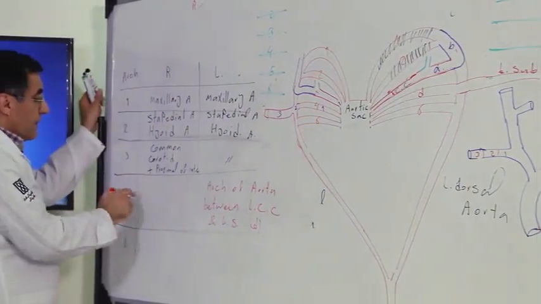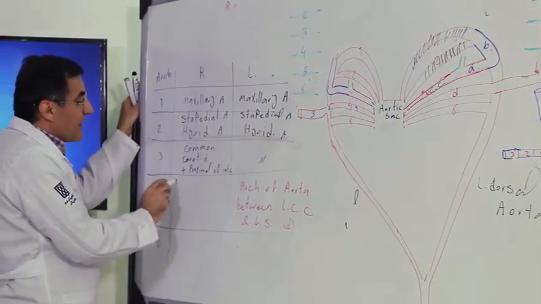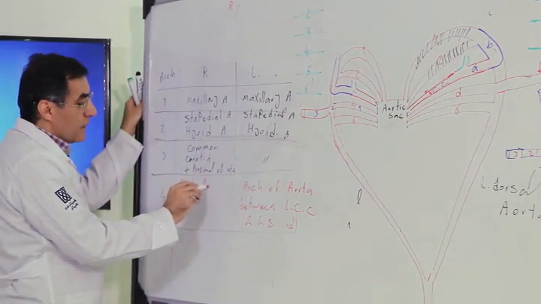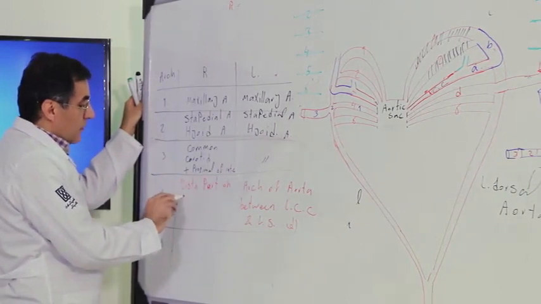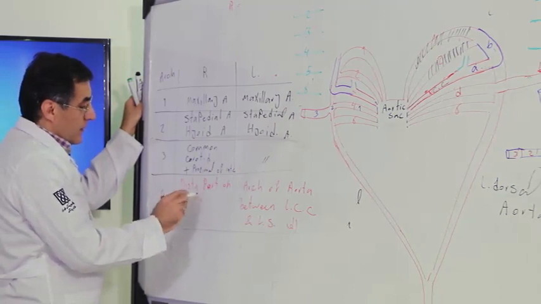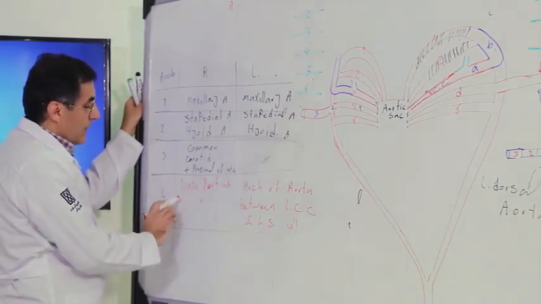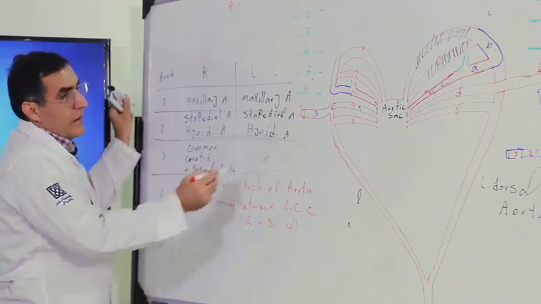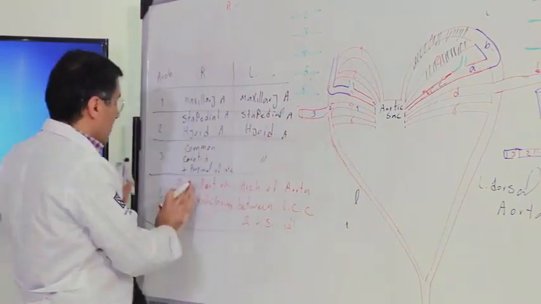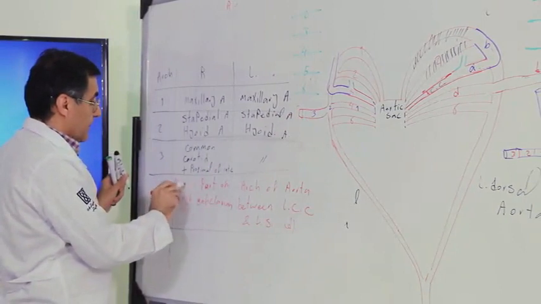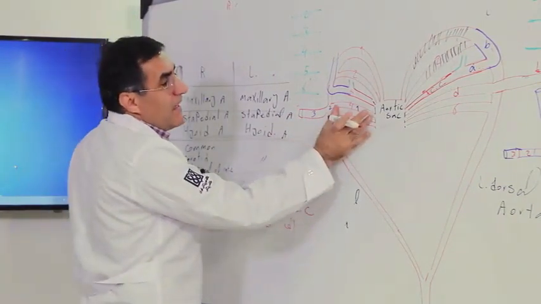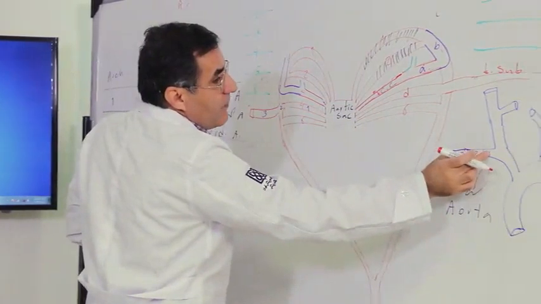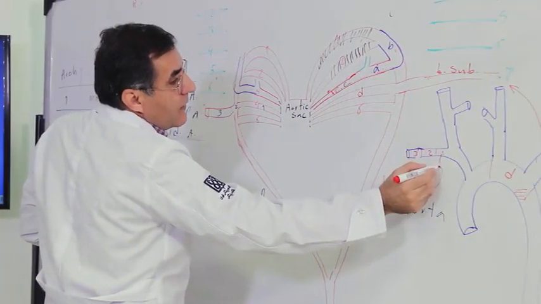It means that the fourth arc on the right side makes only this part, the proximal part of the right subclavian.